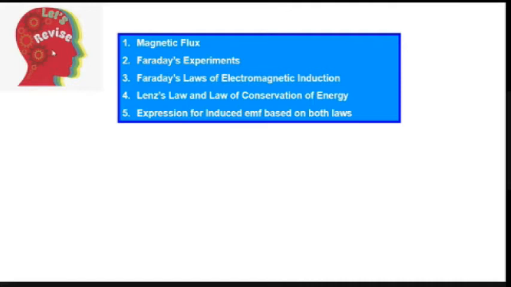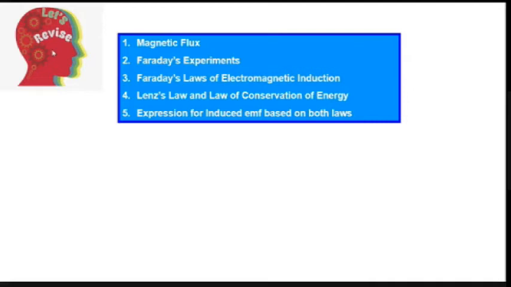So if you want to produce more and more EMF, we have to overcome that opposition, and for that we have to do some mechanical work. That mechanical work is converted to electrical energy. So there is a conversion from mechanical energy to electrical energy, and therefore Lenz's law is in accordance with the law of conservation of energy, or it is another statement of it. There is no violation here.